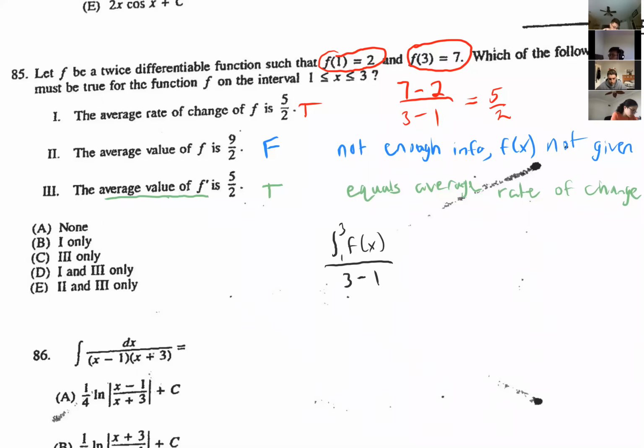Then if you take the derivative of this, so you're taking the derivative of the average value. But here it's saying take the average value of the derivative. So what does this give you? So this would be 1/2.